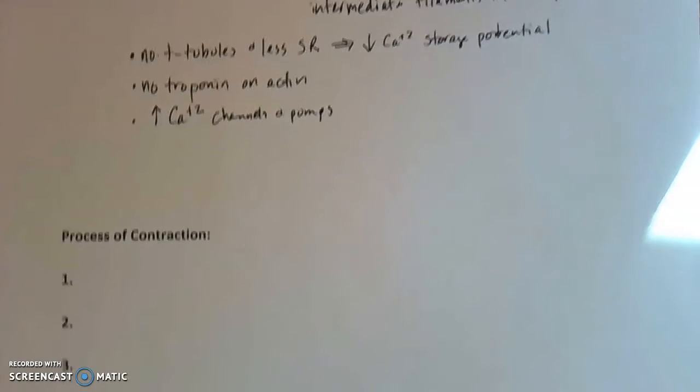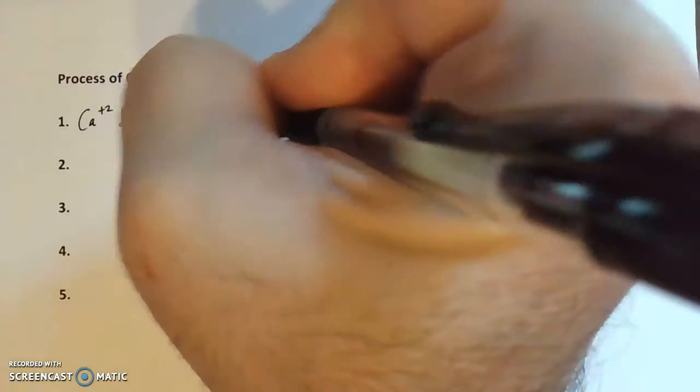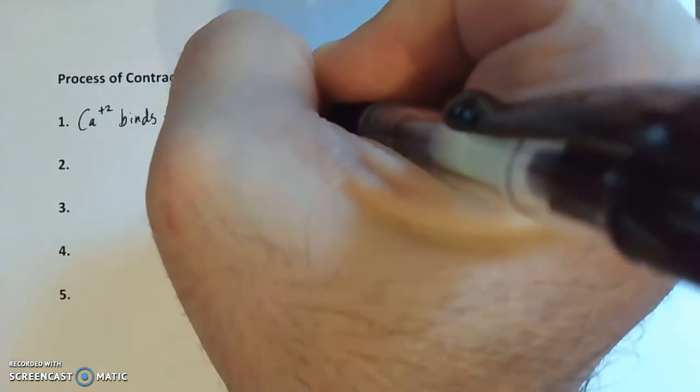So if we look at how the process of contraction differs, we have a few slight changes. So because we don't have troponin, calcium binds to a protein called calmodulin.